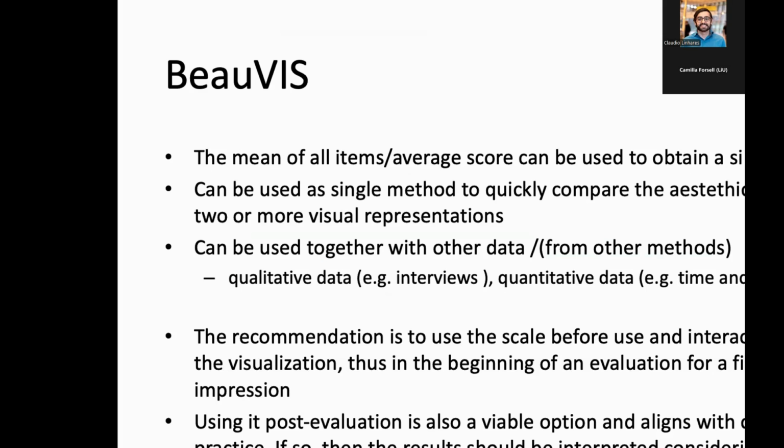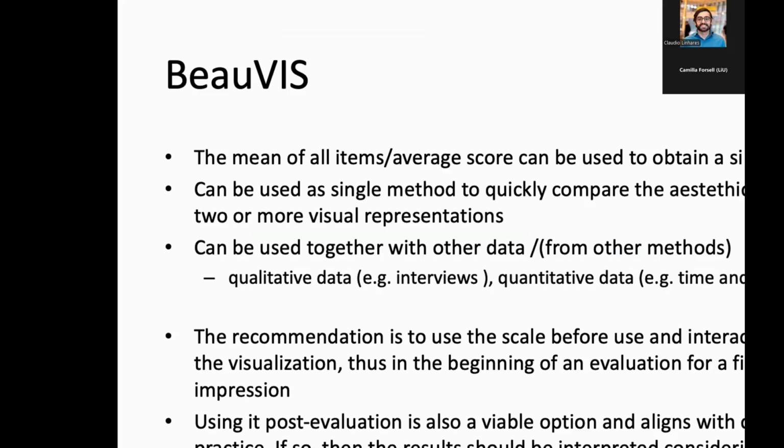Here, on the other hand, you can actually calculate a mean and obtain 1 single value. So you can compare perhaps 5 visualizations and you get a single value for each, which you can use. And again, of course, use it together with other types of methods.